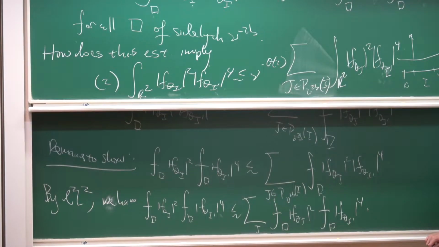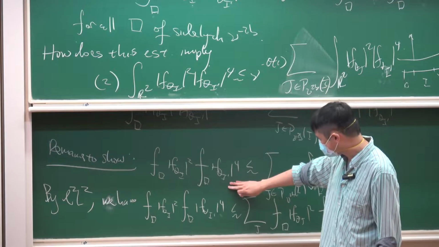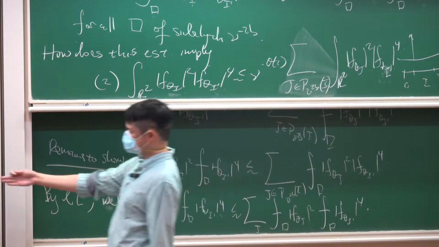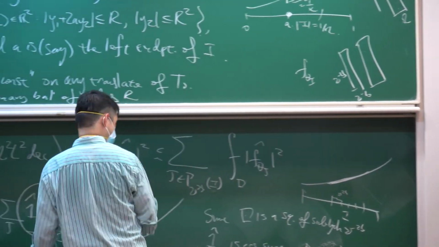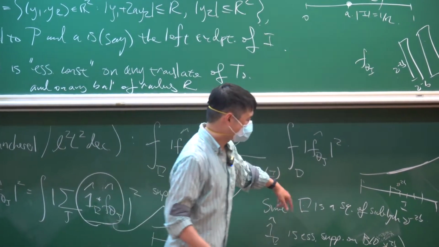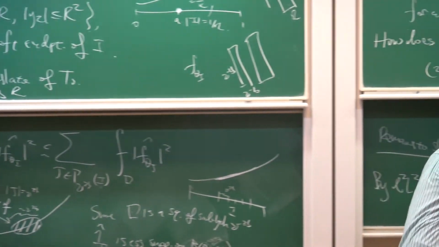Right? So right now what we have is that this left-hand side is less than this guy over here. Right? I can just add in the averages. This right-hand side over here times by this guy over here.